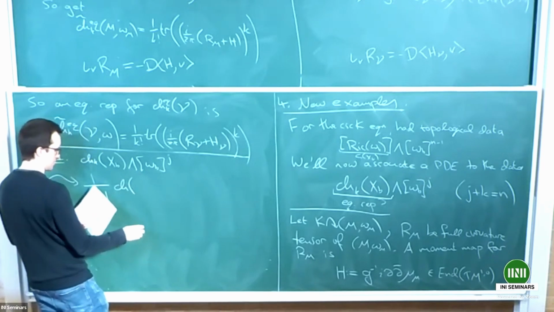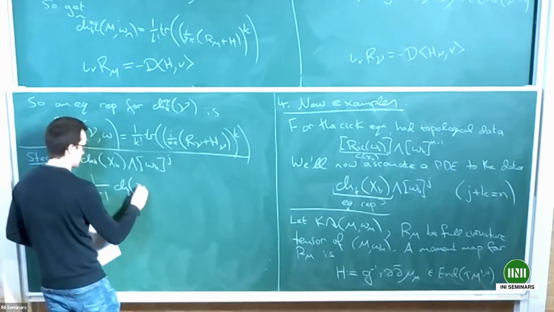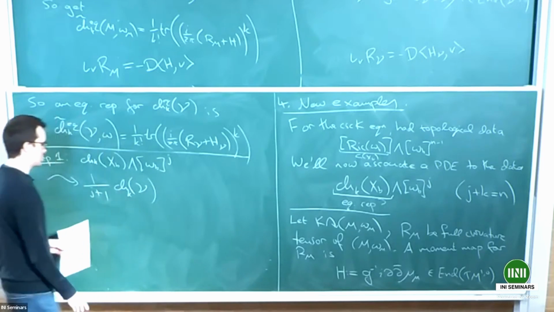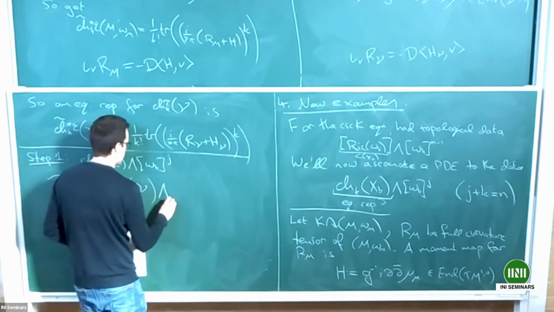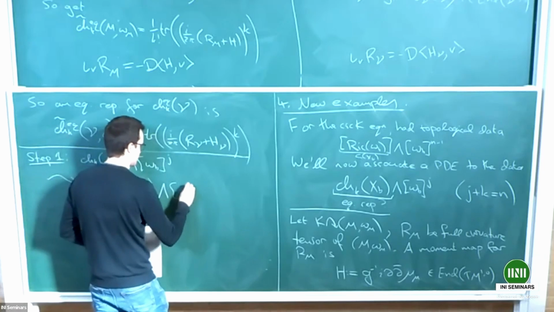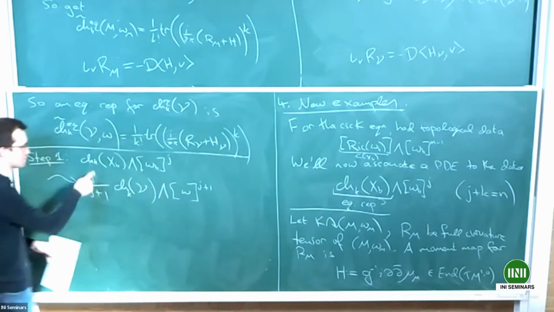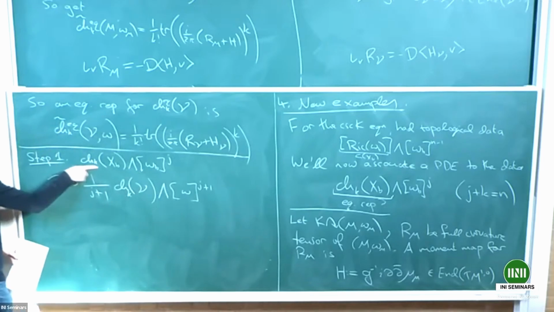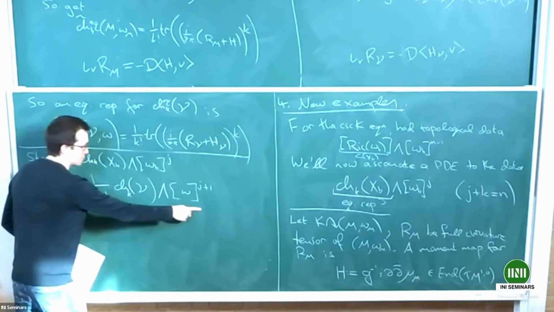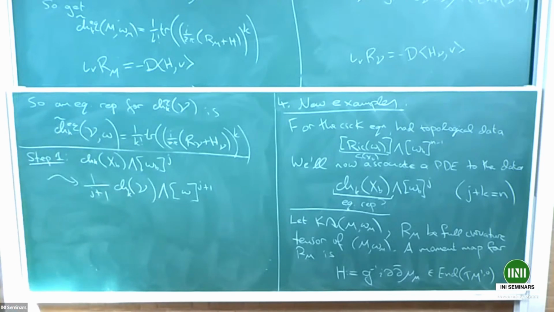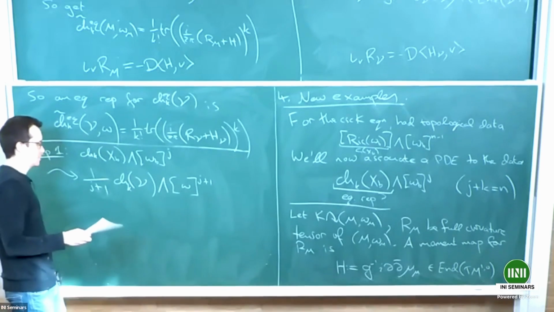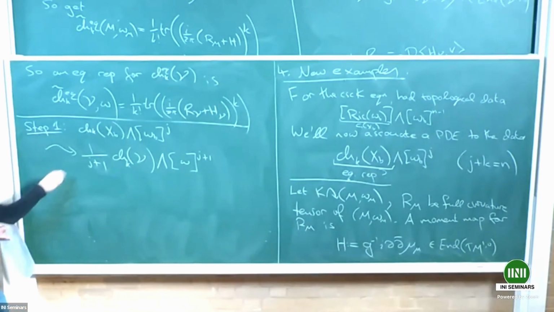And I want to take the k-th Chern character of the vertical bundle and increase the power of omega by 1. And I've removed B because I'm no longer thinking of this as a class on fibers, but as a class on the total space of the fibration. So that's the first step, just modifying this topological data.